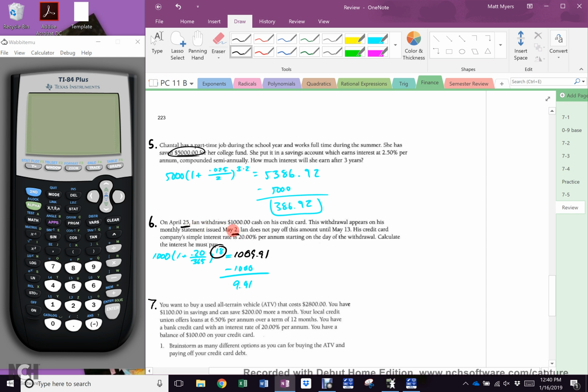So that's 7 days, right? And he has to pay interest on it because it's a cash withdrawal. If you read your notes, cash gets charged right away. So that's 7 days. And then he didn't pay it for another 11 days. So that's why it's 18. Does everybody understand? Everybody understand? So that's why it's that.